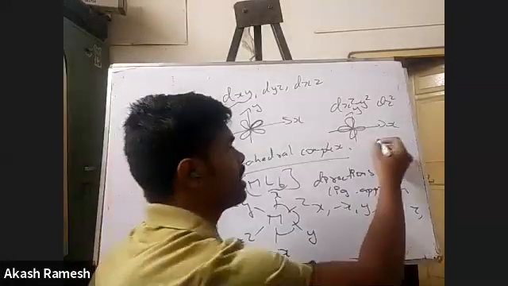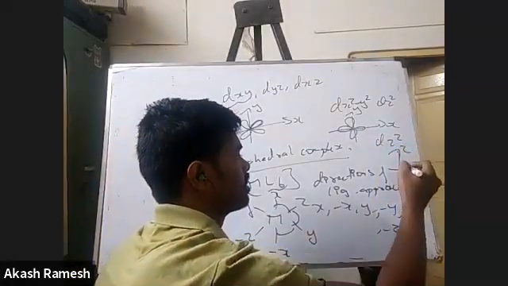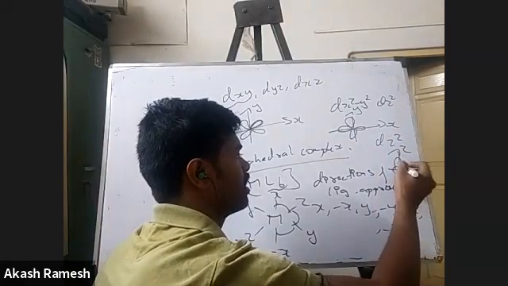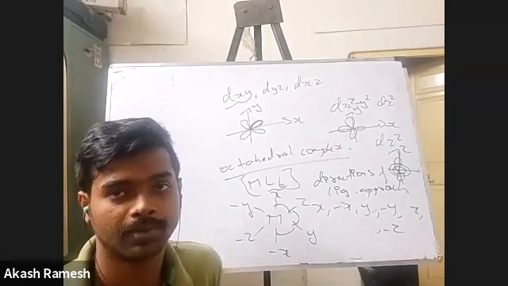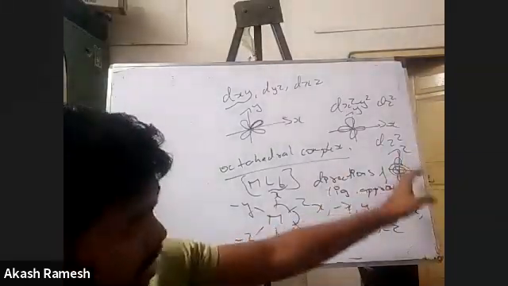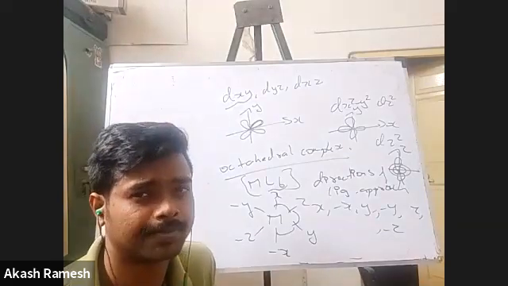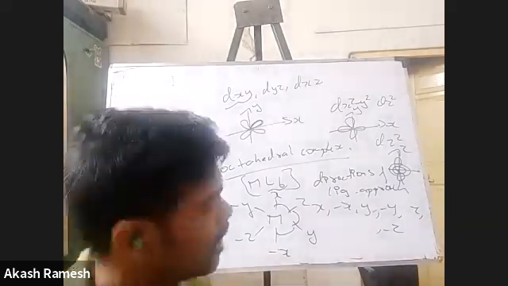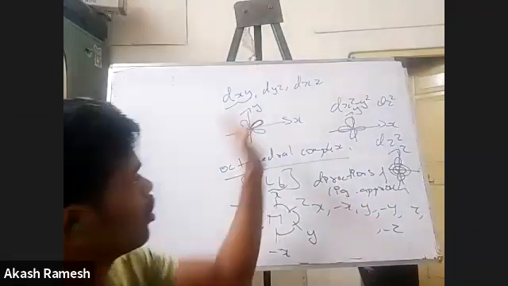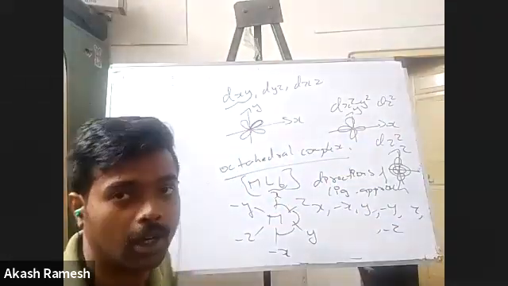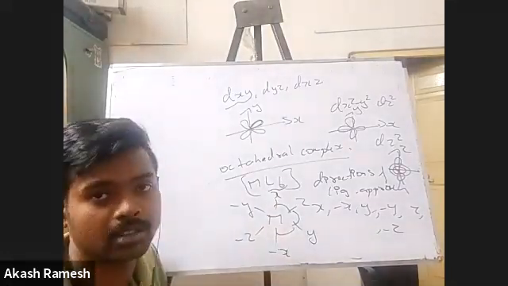And obviously if I take dz squared, I know how it is going to look. This is my z axis, 1 lobe here with a ring surrounding the lobes. Again, what you see is that it is pointing along the z axis. Okay, fine. So now you know the directions of ligand approach, and you know the shapes of the 5 d orbitals: which are pointing in between the axes, and which are pointing along the axes.